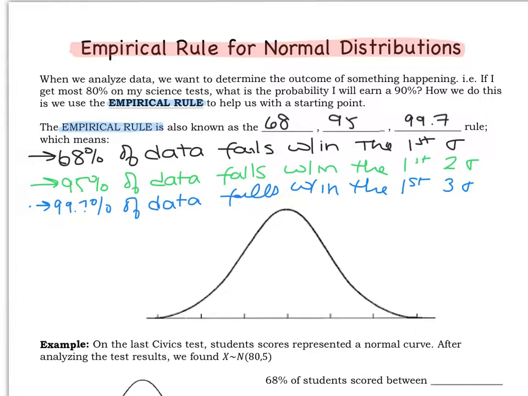So 99.7%, that's really close to 100%. So idealistically, in my bell curve, 100% of my data is underneath the bell curve.